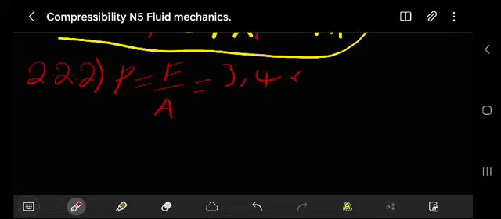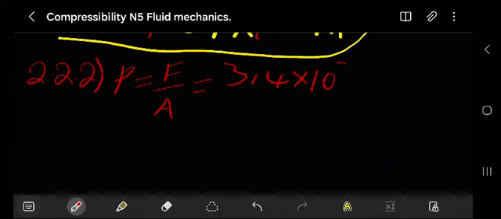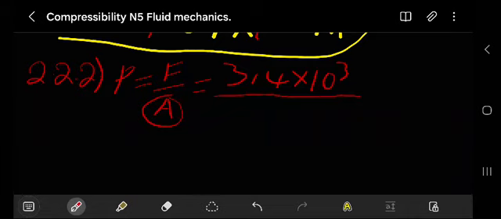This will be equal to 3.4 times 10 to the power of 3. Remember, it's in kilonewton. Here you'll divide this, this would be pi over, okay, let me multiply by this 4 on the top.